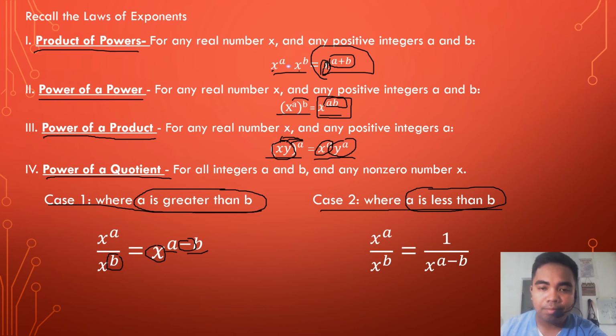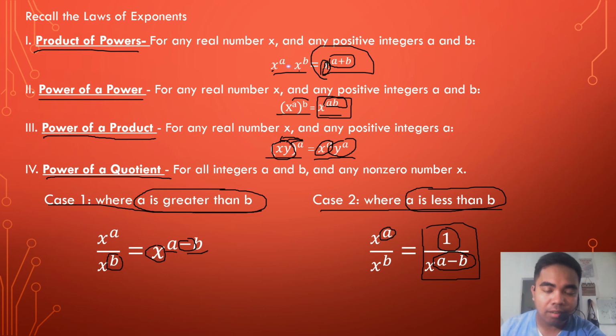So itong tanda natin, yung a sa taas, yung exponent sa taas ay ating inilagay sa baba. Kaya nagiging a minus b. And then, we put 1 sa taas. So ibig sabihin, if a is less than b, the answer is in fraction form. So naka-fraction form po ang sagot natin pag maliit ang value ng a kaysa b.